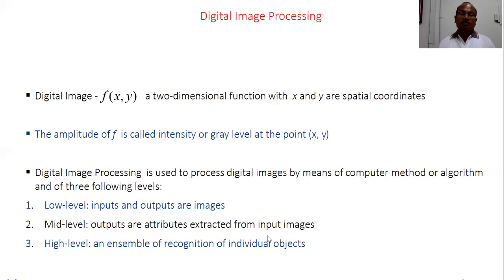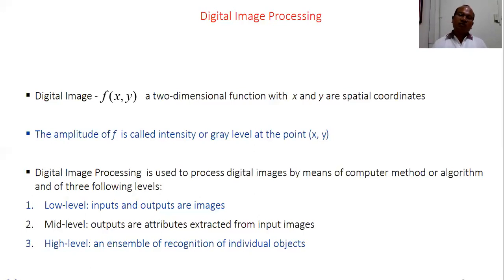So let us understand. There are three levels of image processing. First one is low level, where input is an image, output is also an image. We'll discuss examples also where this situation will occur. Second is middle level, where input is an image, output is some attributes of the image, some suitable features of the image, parameters or some statistical values of the image.